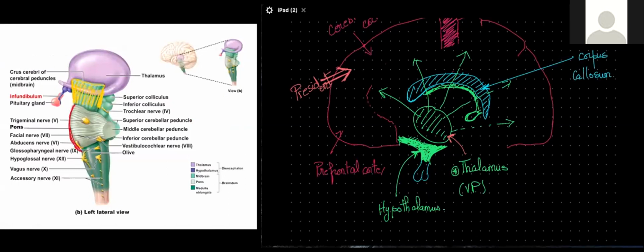Then I have a straight region that moves down like this, that will be connecting the brain to the spinal cord. This is my medulla oblongata. So we've got three main regions in the brainstem. Those are midbrain, pons, and medulla oblongata.